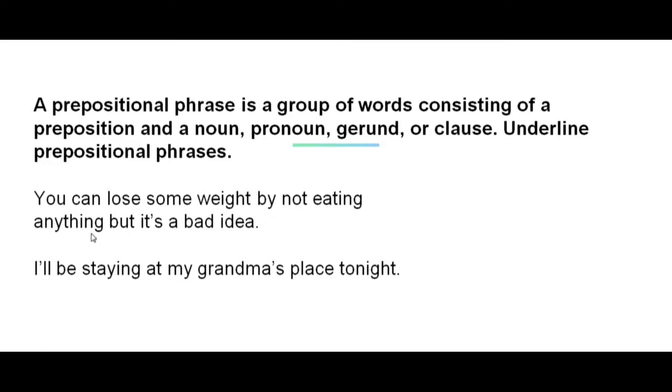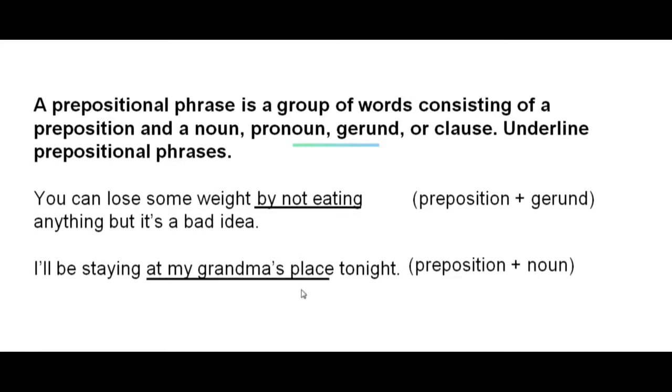You can lose some weight by not eating anything, but it's a bad idea. "By not eating", which is preposition plus gerund. I'll be staying at my grandma's place tonight. "At my grandma's place", preposition plus noun.